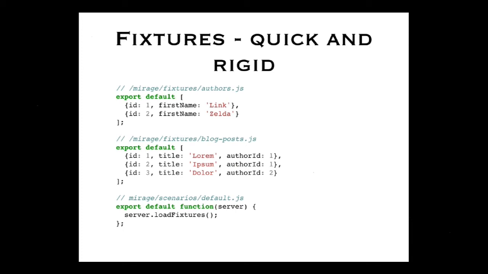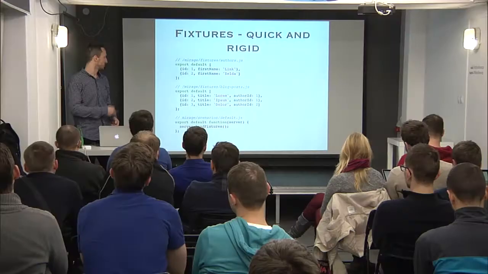That's only for the development at this point. And you just need to call server.loadFixtures, and your Mirage database will be populated with all the fixtures that you have defined here, and they are accessible to your application. So any call against these defined routes will effectively return this data.